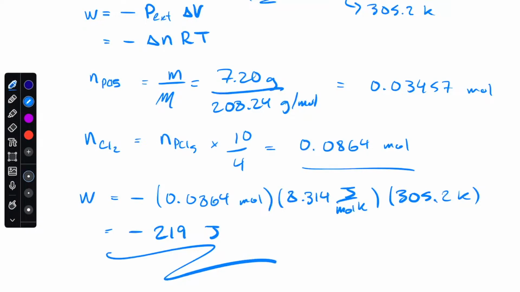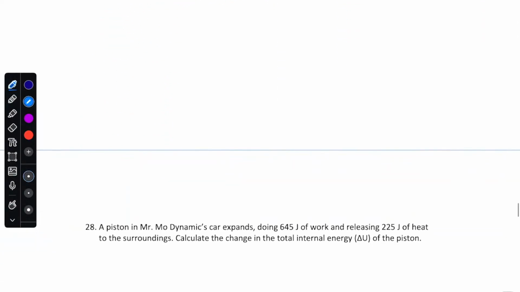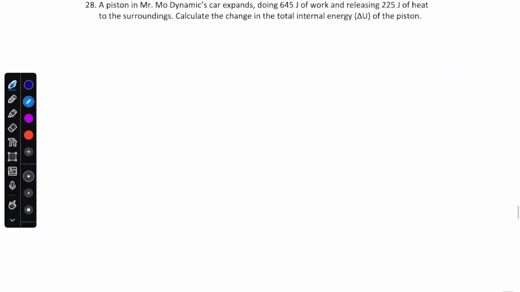Another sheet, complete. Question 28. A piston in Mr. Mo Dynamics' car expands, doing 645 joules of work and releasing 225 joules of heat. What's delta U?